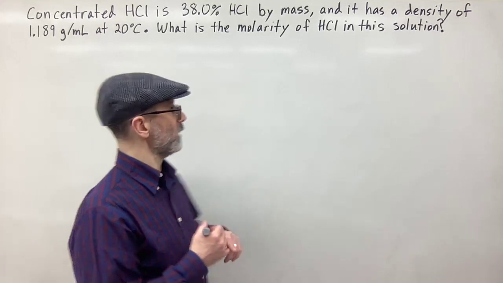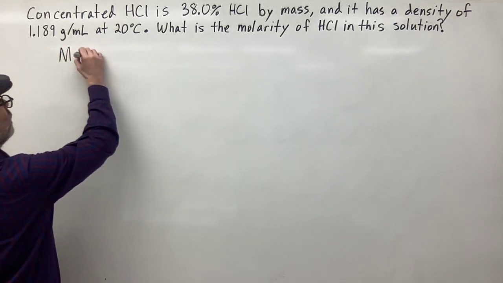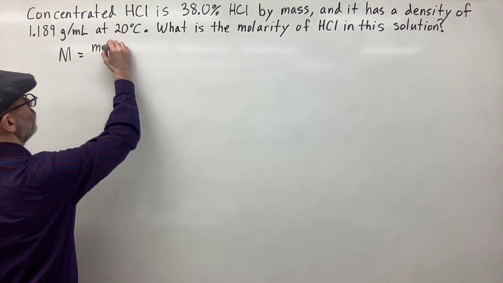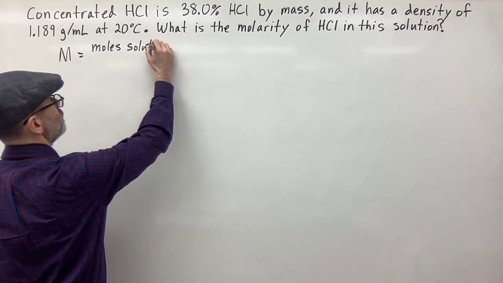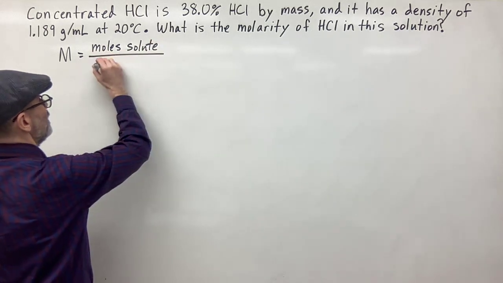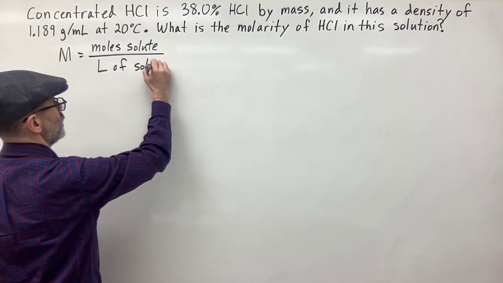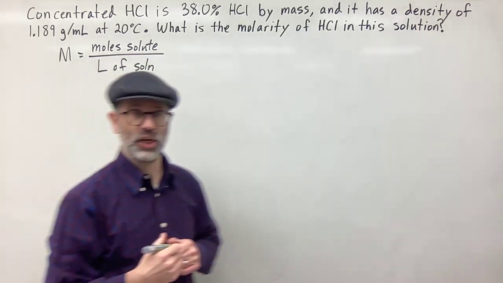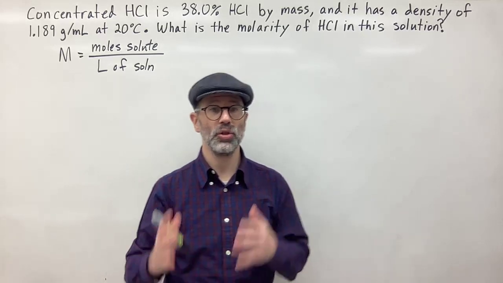So remember that molarity, and I'll write it up here, is equal to moles of the solute over liters of solution. So we need a ratio of moles of solute over liters of the solution.